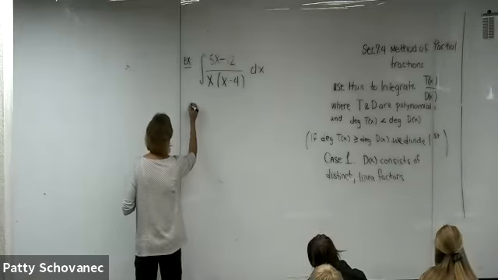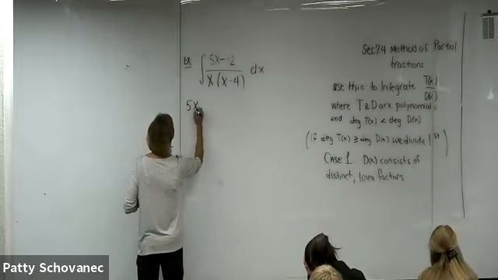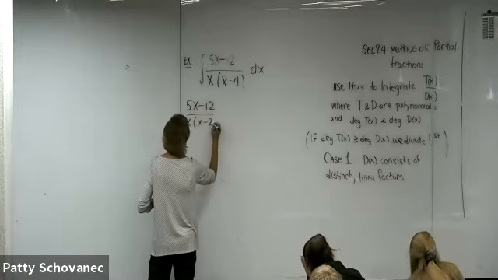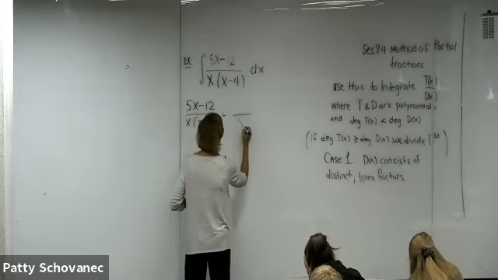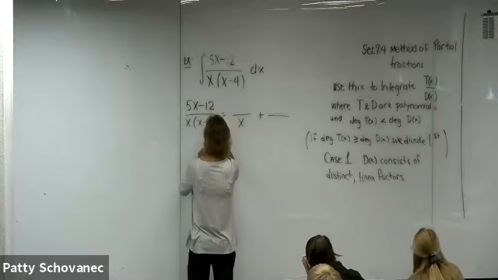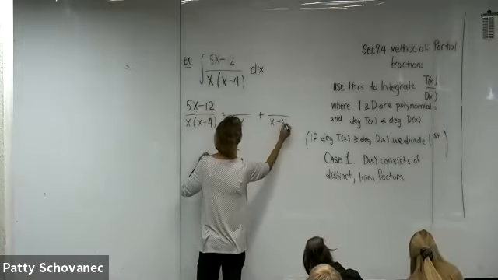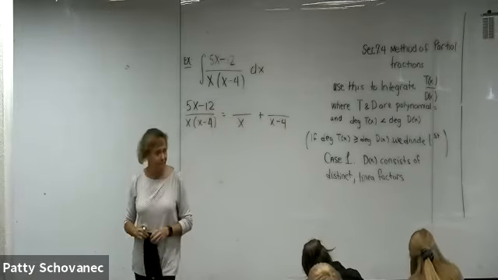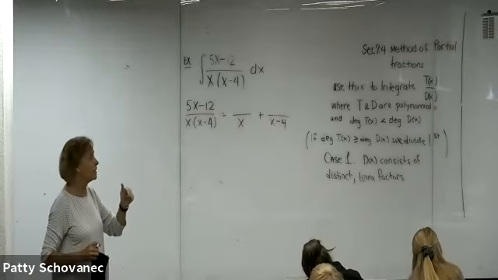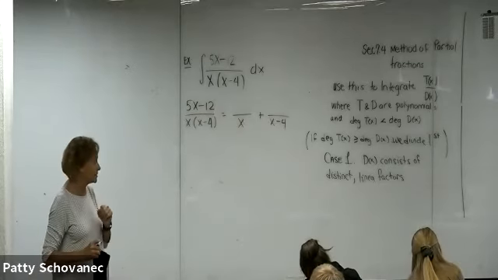So we take our integrand and say that it came from adding something over x with something over x minus 4. Right, remember doing that on Friday? And then if the factor is linear, the numerator has to be a degree less, which just makes it a constant.